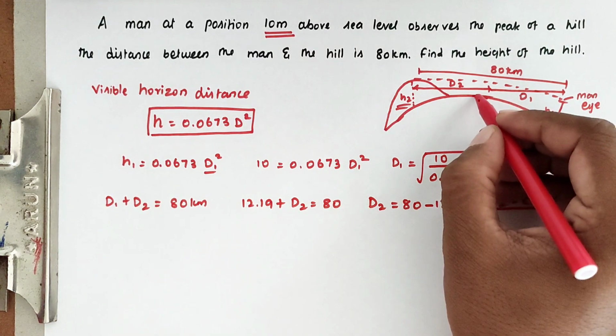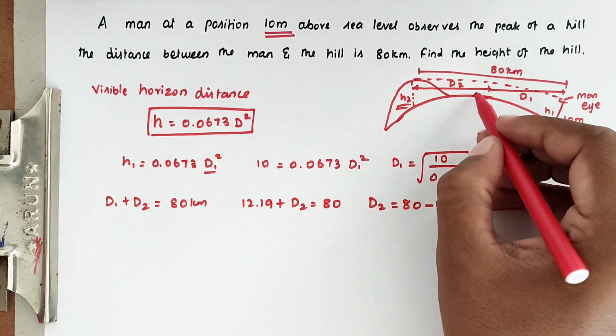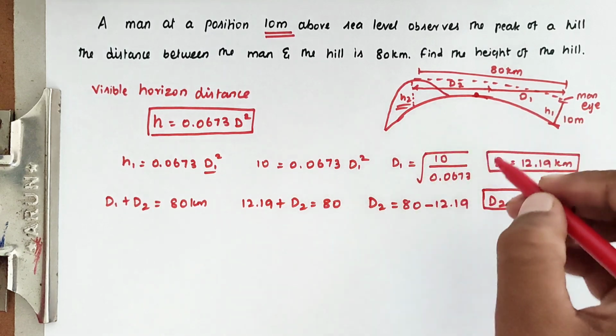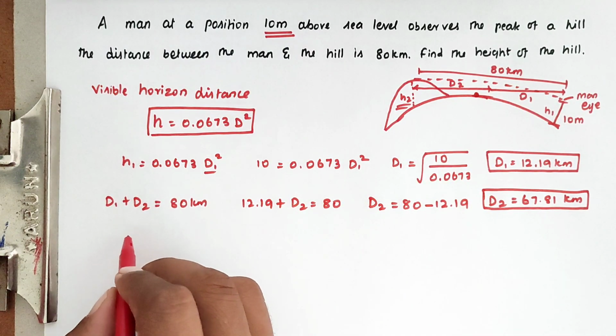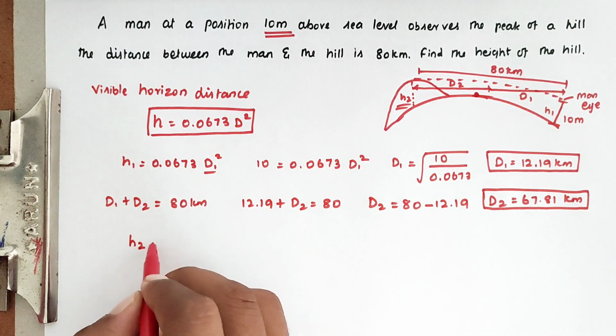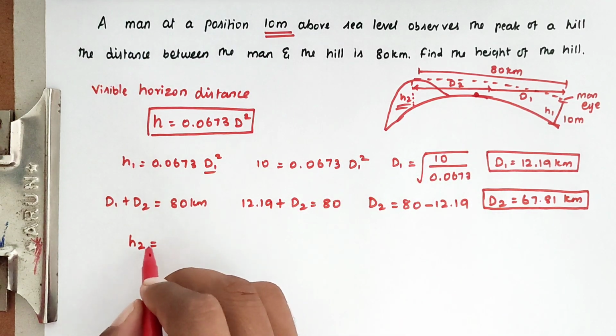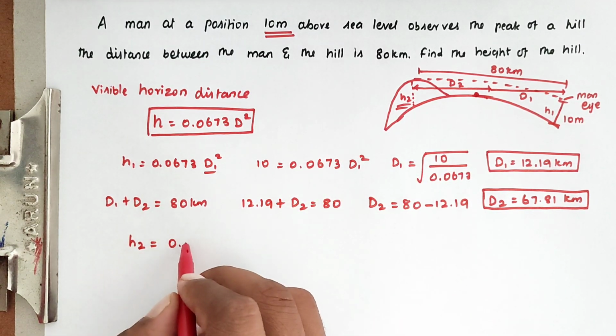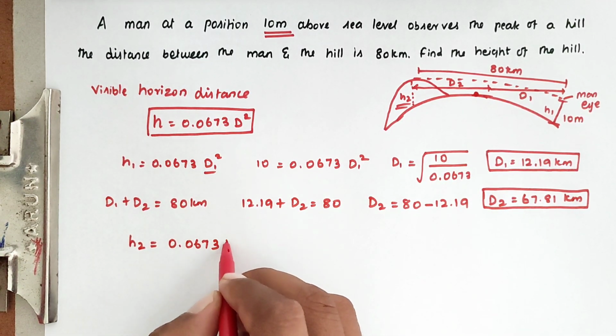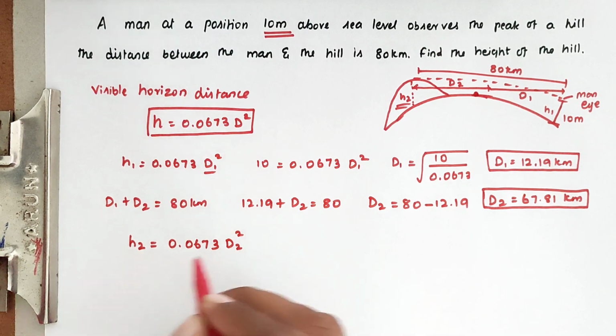This is the top of the terrain, and this is the line of sight. Now we have to find H2, the peak of the hill. H2 equals, using the same formula, 0.0673 into d2 squared.